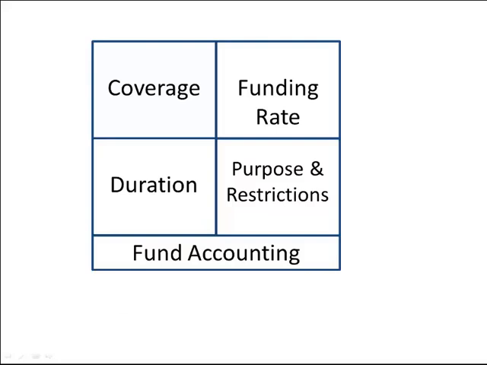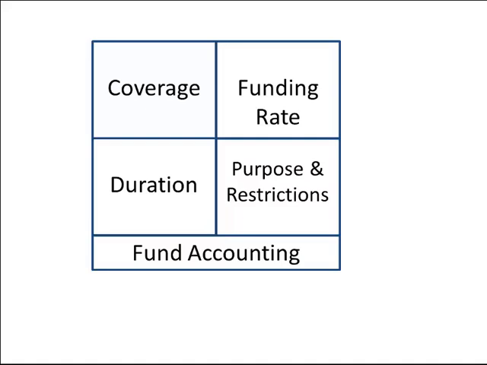We have discussed the 5 basic building blocks of a continuing resolution: coverage, funding rate, duration, purpose and restrictions, and fund accounting. We have seen that many of these building blocks are simply pieces of a jigsaw puzzle that get put together year after year with minor variations in some cases.